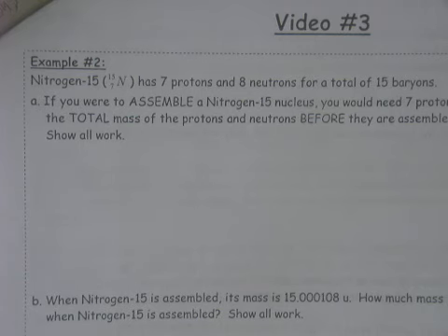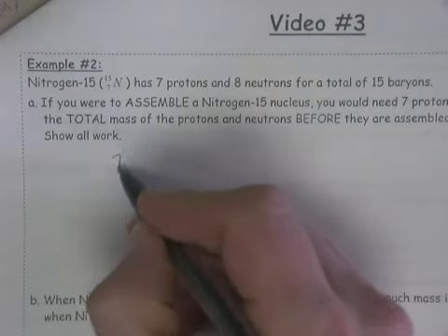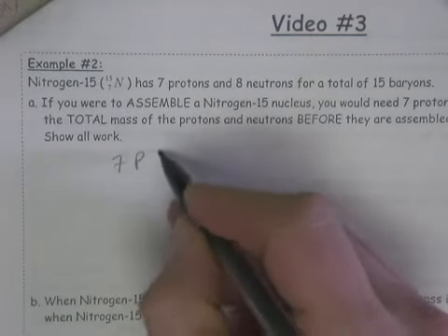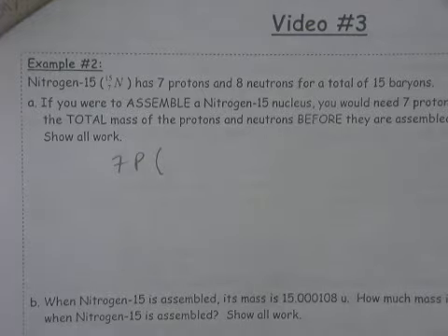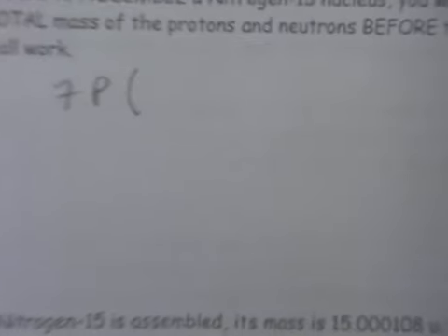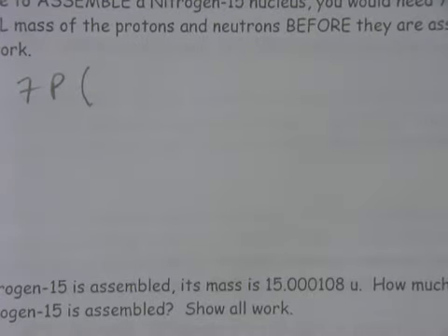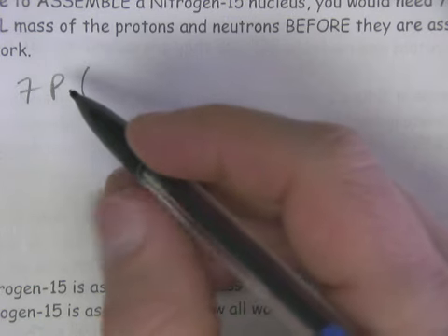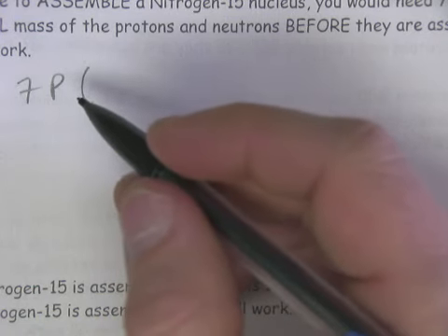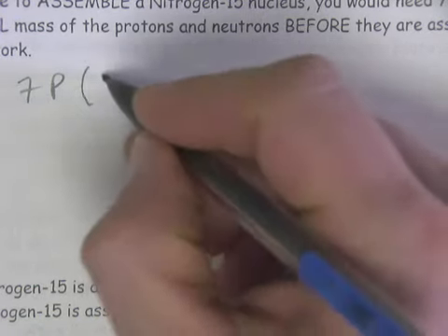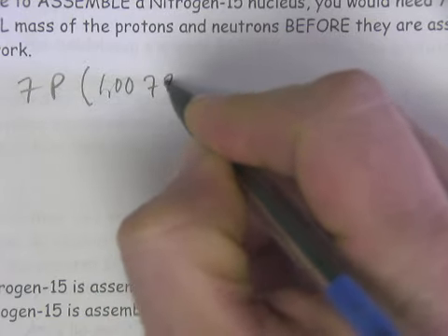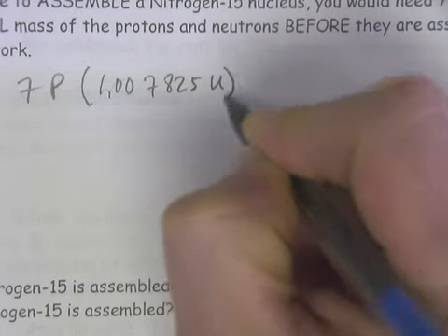Alright, all we're going to do is take 7 protons and multiply it times the mass of each proton. We had that on the previous video, which is located on page 6 of your notes. The mass of one proton is going to be 1.007825 U's.